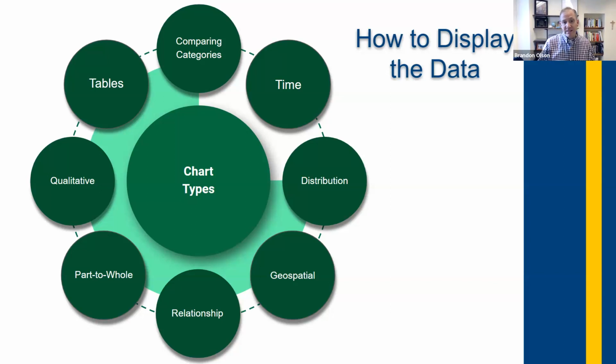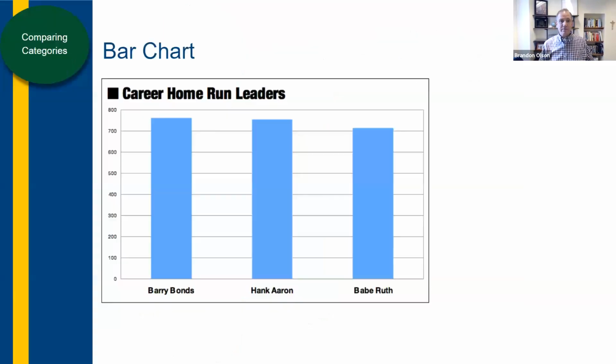So what part does this element contribute to the entirety? Maybe there's qualitative data. Also, we can look at the antithesis of visualizations, tables. They're also useful. So let's begin by comparing categories.